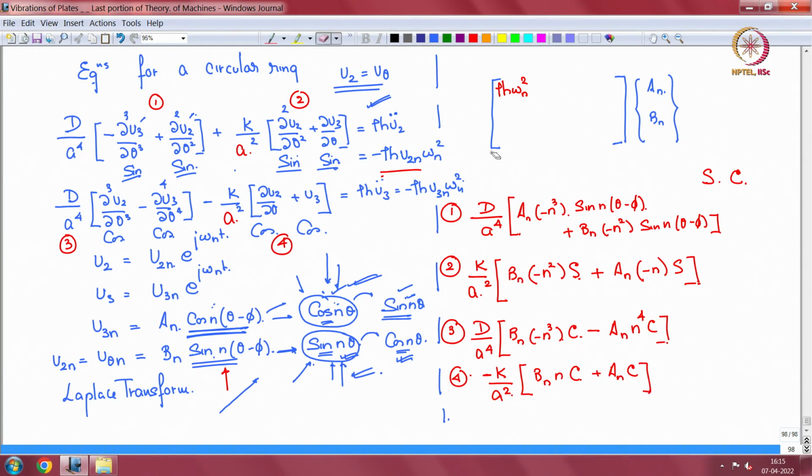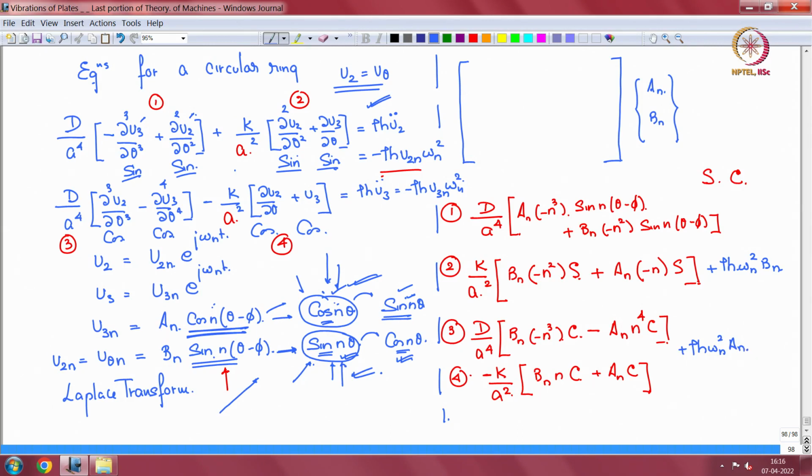So if I try to fill this up here, in the first equation I get plus rho h omega n square bn. Here I get plus rho h omega n square an.